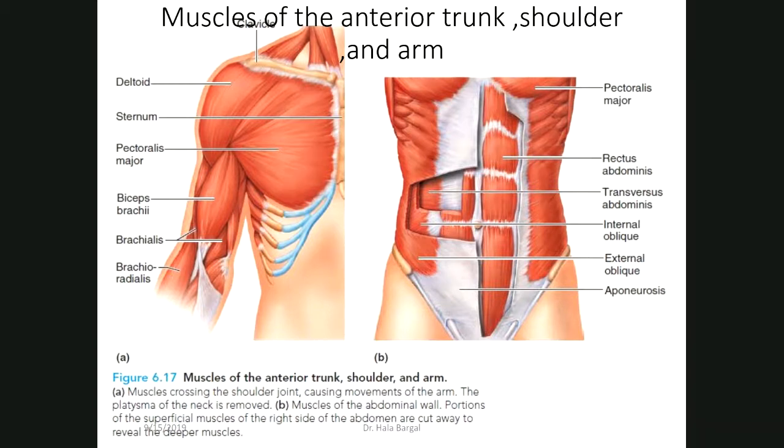You see that the muscles of the abdominal wall are named according to their anatomical position. External oblique is the most superficial muscle. The fibers are directed downwards and medially, while internal oblique is the middle layer. The fibers are directed downward and laterally, while in the transversus abdominis, the fibers are directed transversely.